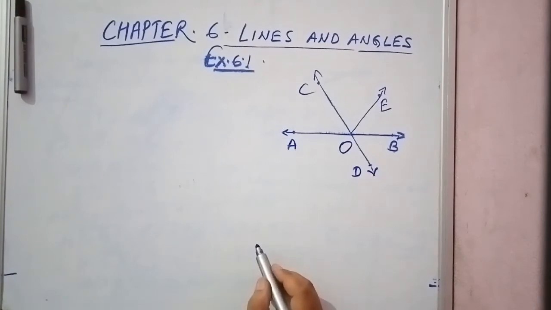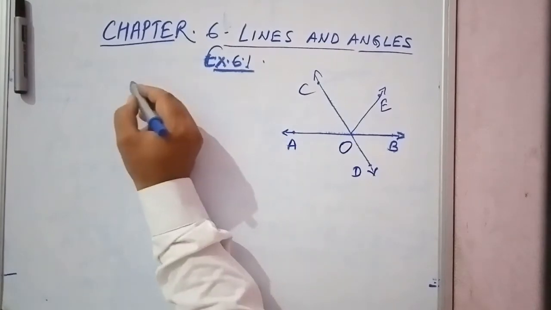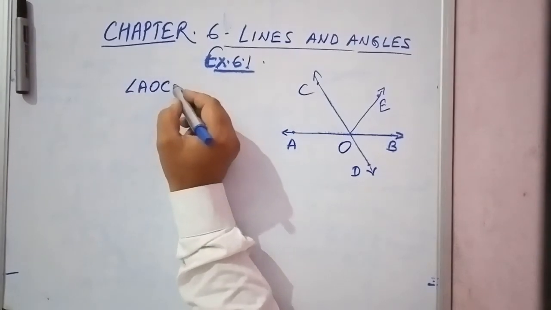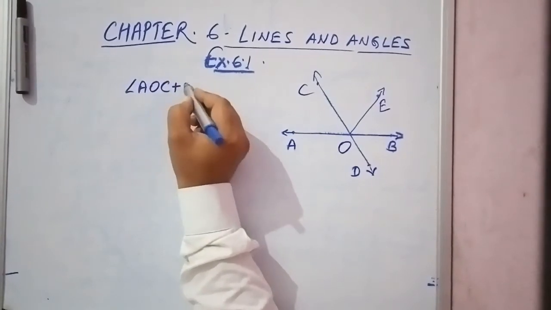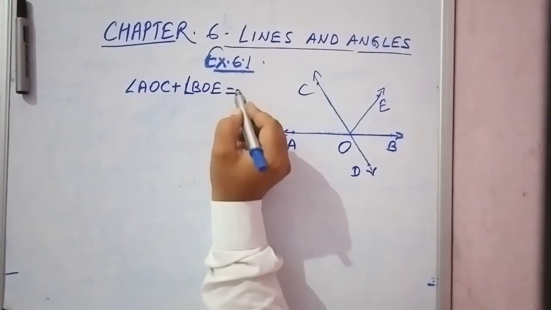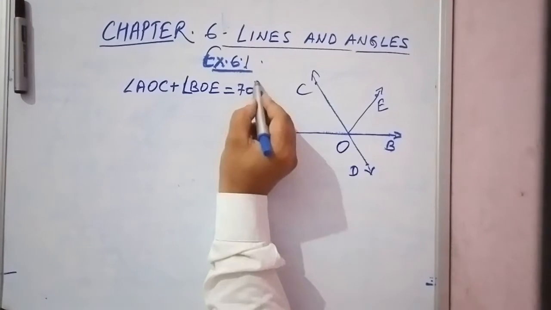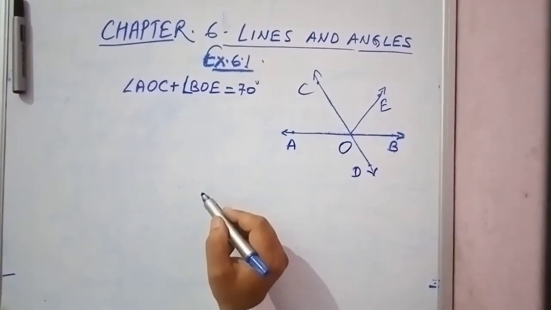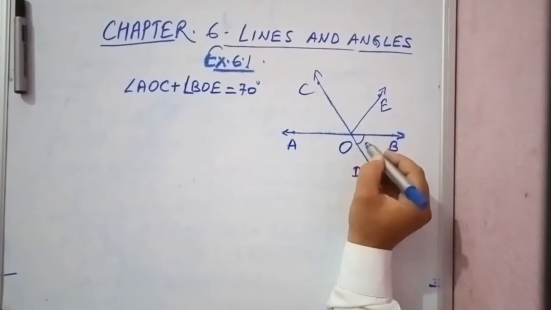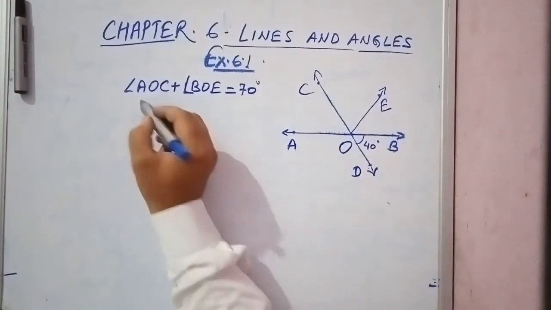Angle AOC plus angle BOE is given as 70 degrees, and angle BOD is given as 40 degrees.